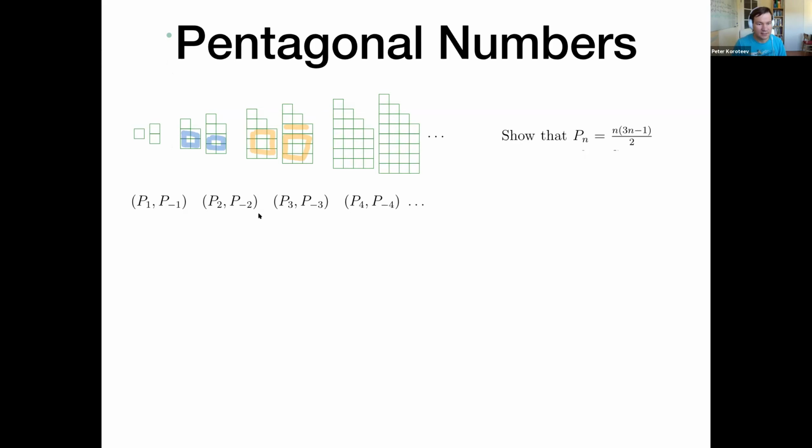So as we said, pk is equal to sk plus t(k minus 1), and p with index minus k is equal to sk plus tk. And as we discussed before, these two are different by k. Okay, excellent, good. So this will be the sequence of pentagonal numbers.